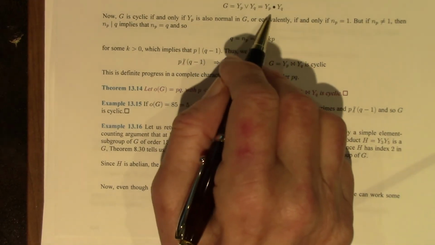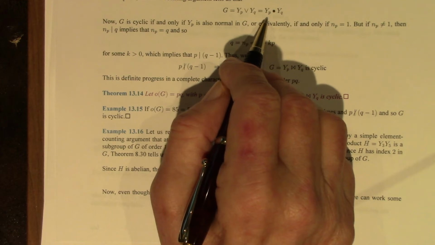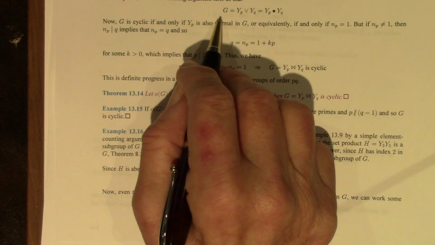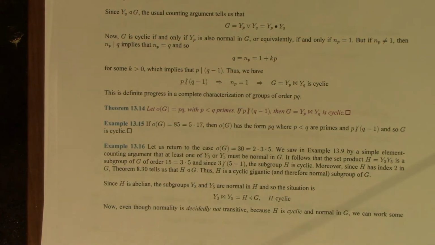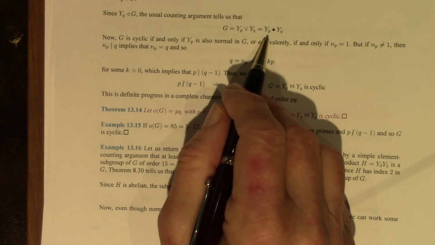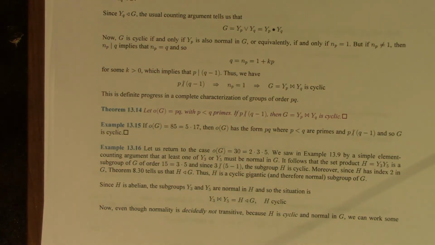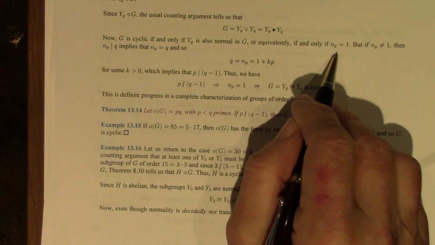And the product, we had a formula for the size of the product, and that will tell you that this is actually equal to G. Now, G is cyclic if and only if YP is also normal in G, or equivalently if and only if NP is 1.